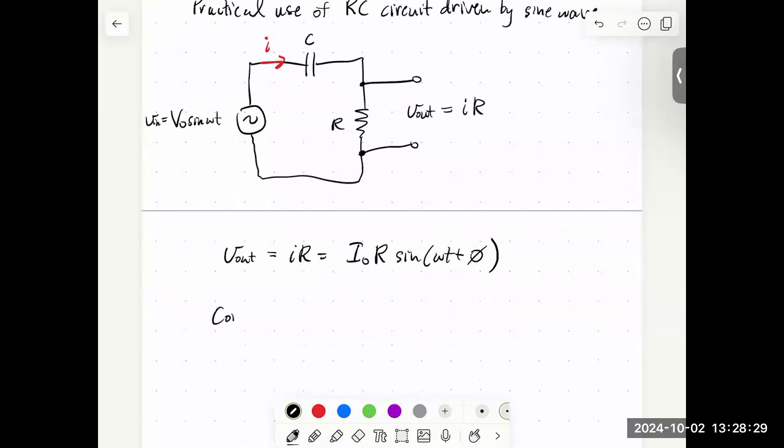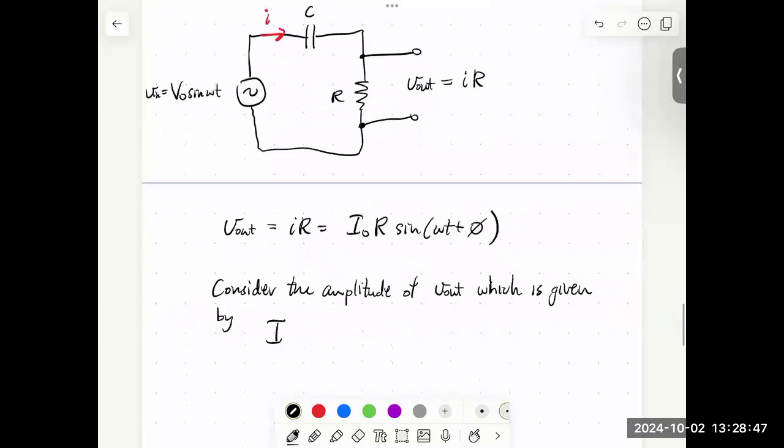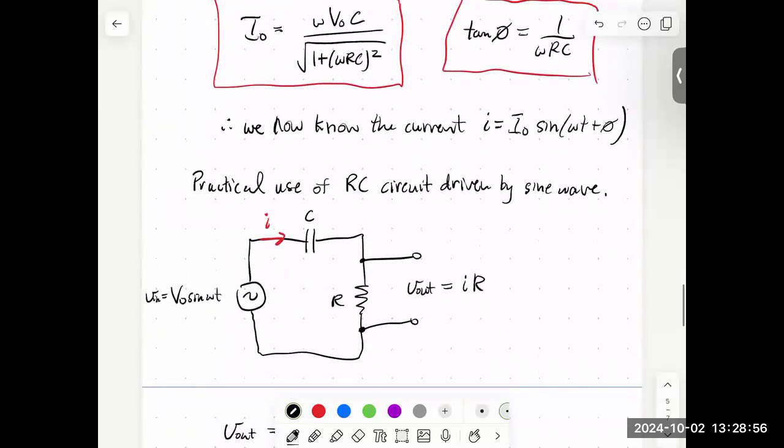So let's consider the amplitude of the output, which is given by just I naught times R. But we just solved for I naught. There it is.